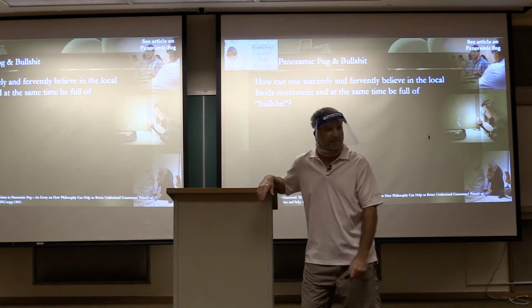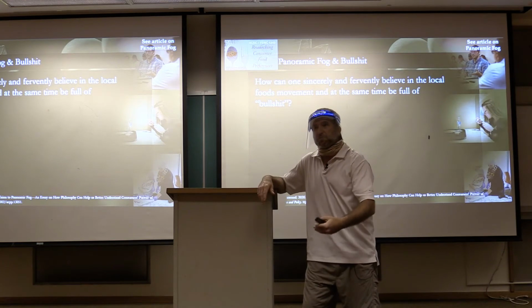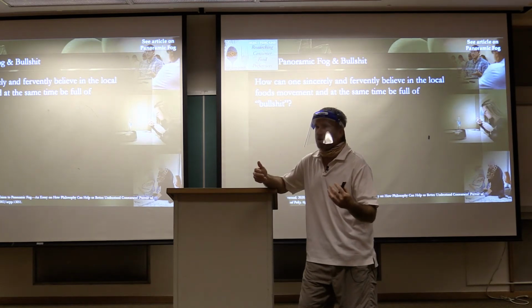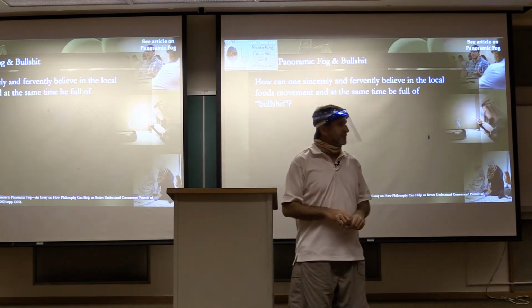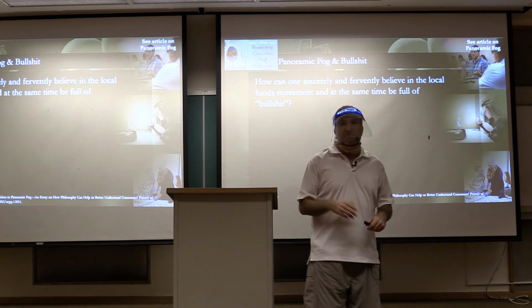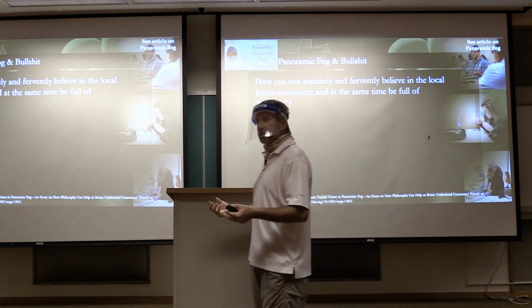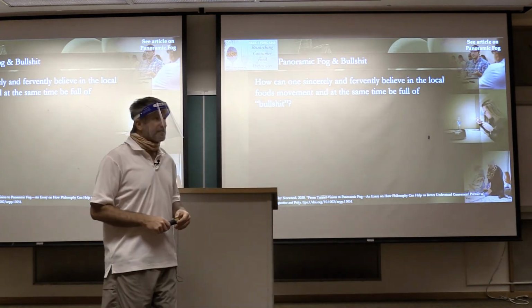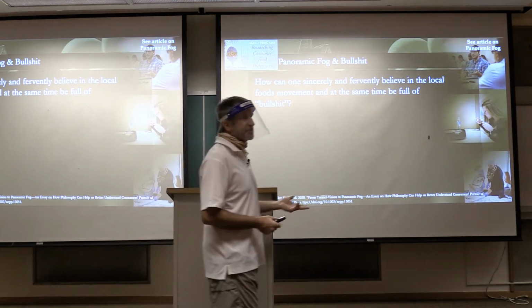Okay, so I think you're getting how, with the local foods movement, you can be a big-time advocate for it, not really understand all the nuances of local food, but it still be a really big part of your life. And so the philosopher we cited would call it bullshit.